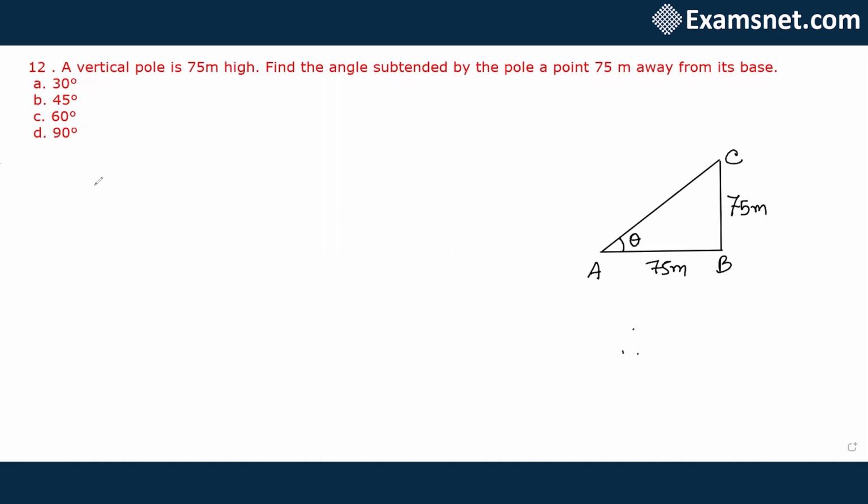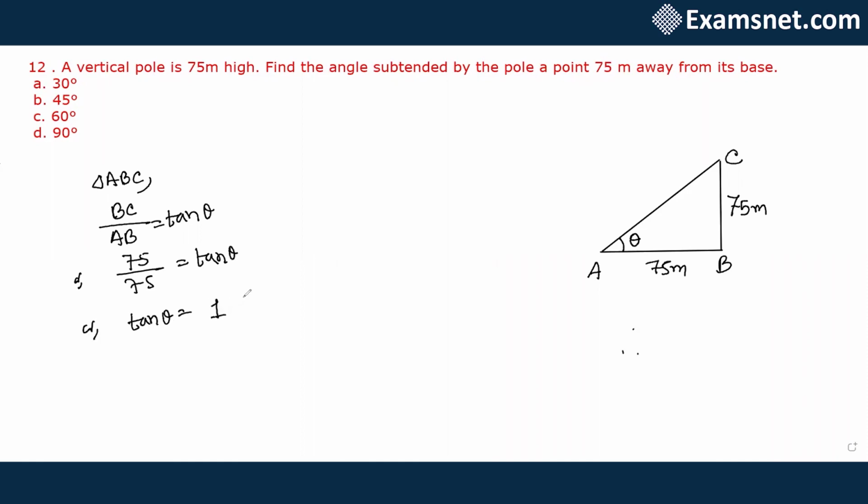So considering the triangle ABC, we can write BC by AB equals tan theta. Let's put all the values of BC and AB. Both are 75, so tan theta equals 1.